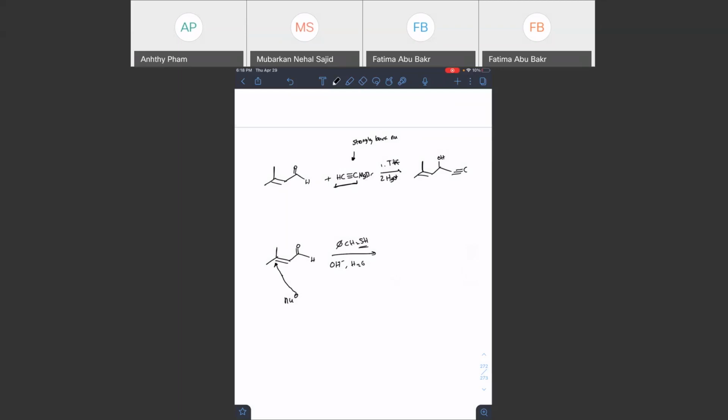And then after that, it's going to be attached onto the molecule. So what we get is this.